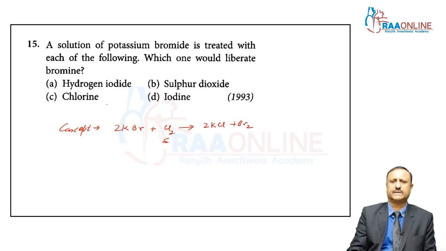Because, my dear students, it is a stronger oxidizing agent than bromide ion. So, bromide ions are converted to bromine gas, as chlorine oxidizes the bromide ion. So, my dear students, for question number 15, the answer is C, chlorine.